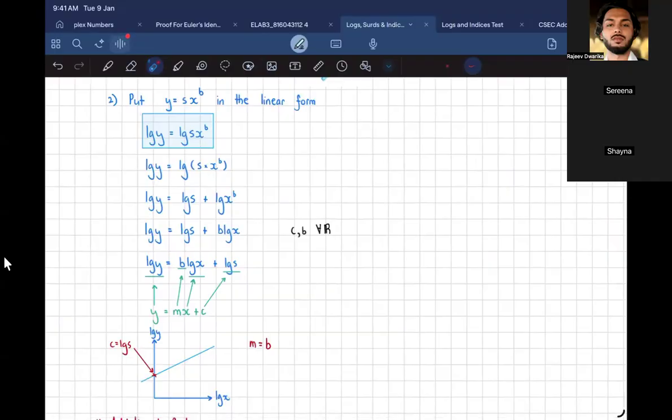I'm going to just change C to S. You can say that, or you can say S and B are elements of the real number system. Either one is fine.